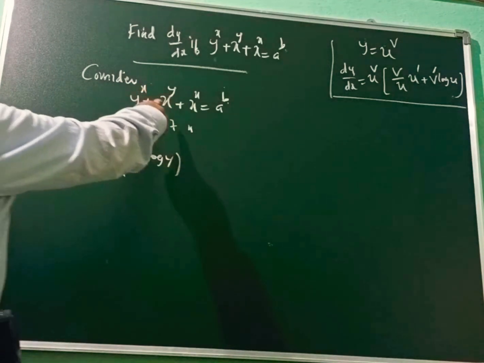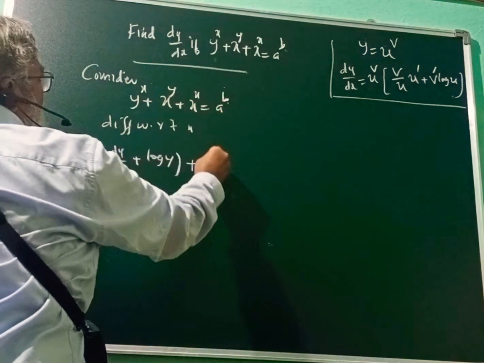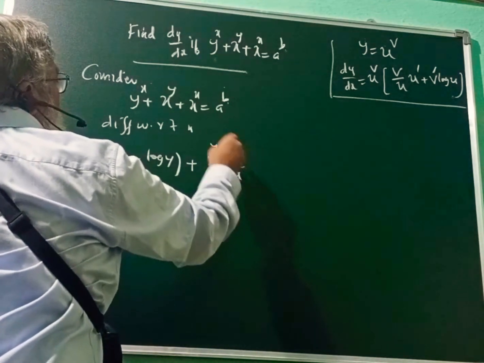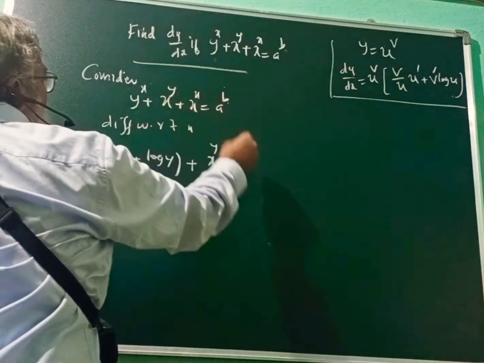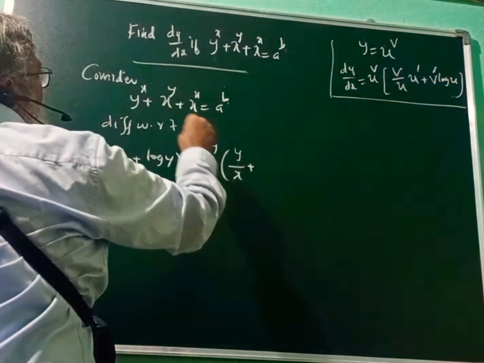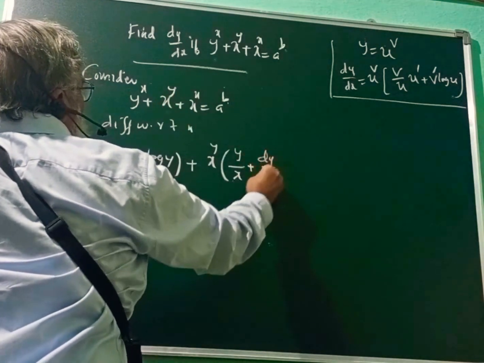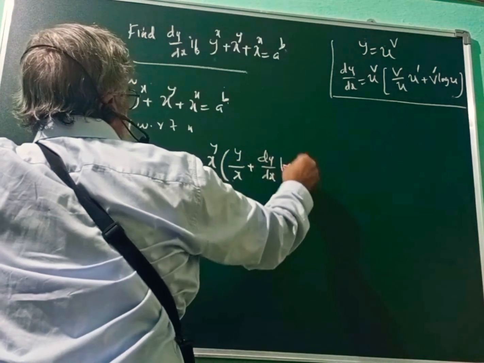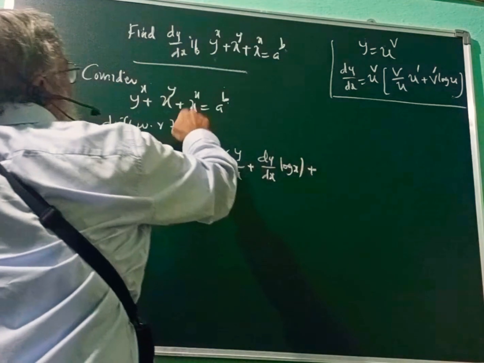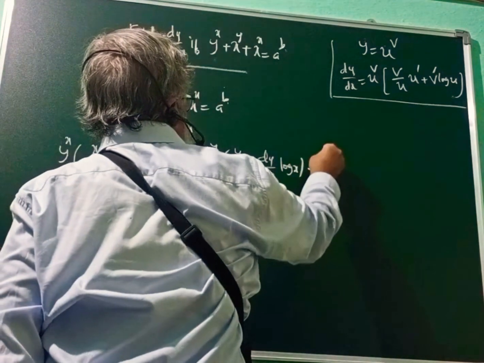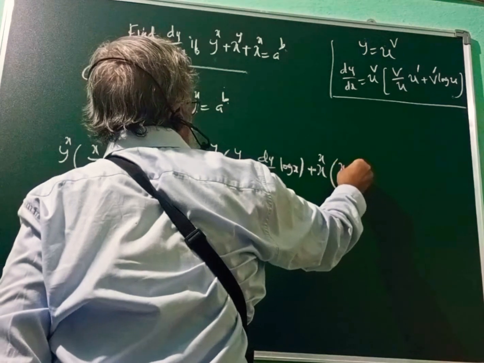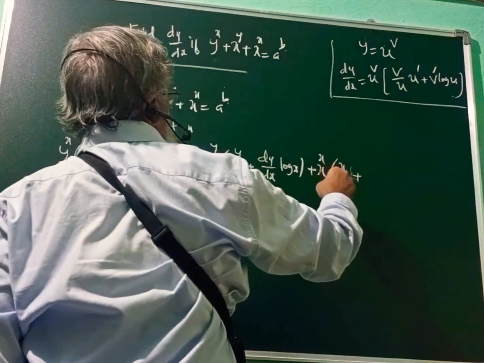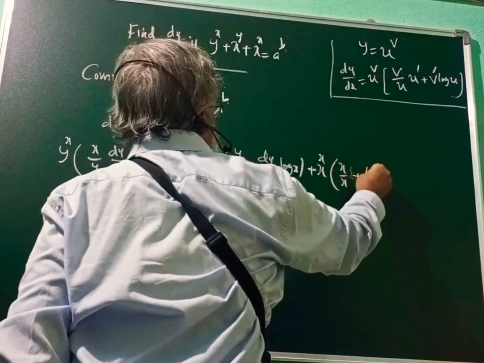Now, the derivative of this, again applying the formula, x raised to y, y by x, differentiation of x with respect to x is 1, plus differentiation of y with respect to x, that is dy by dx, into log x, plus x raised to x, again the same thing, x by x, differentiation of x is 1, plus v dash, differentiation of x with respect to x is 1, into log x.